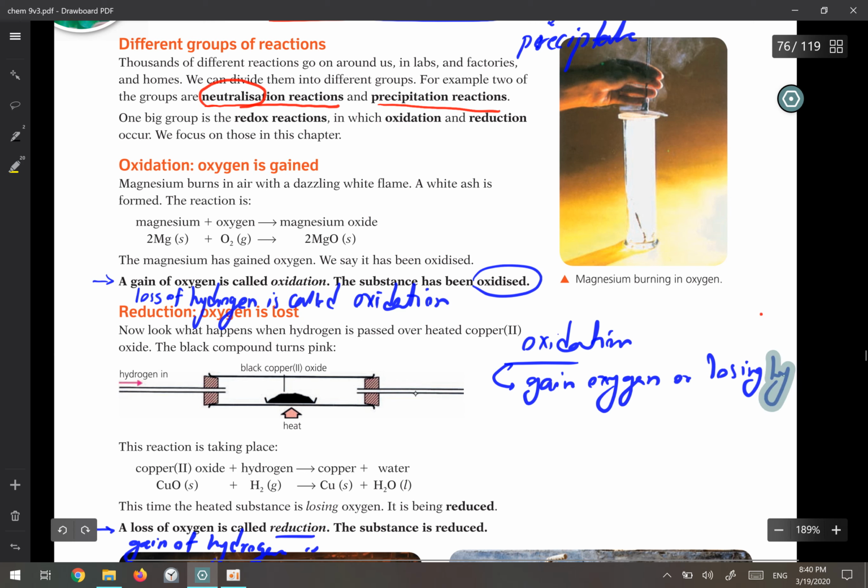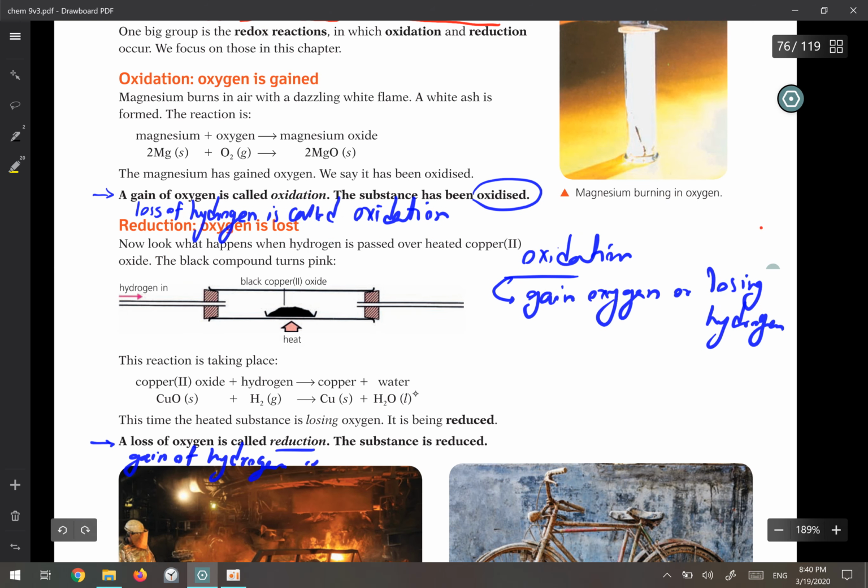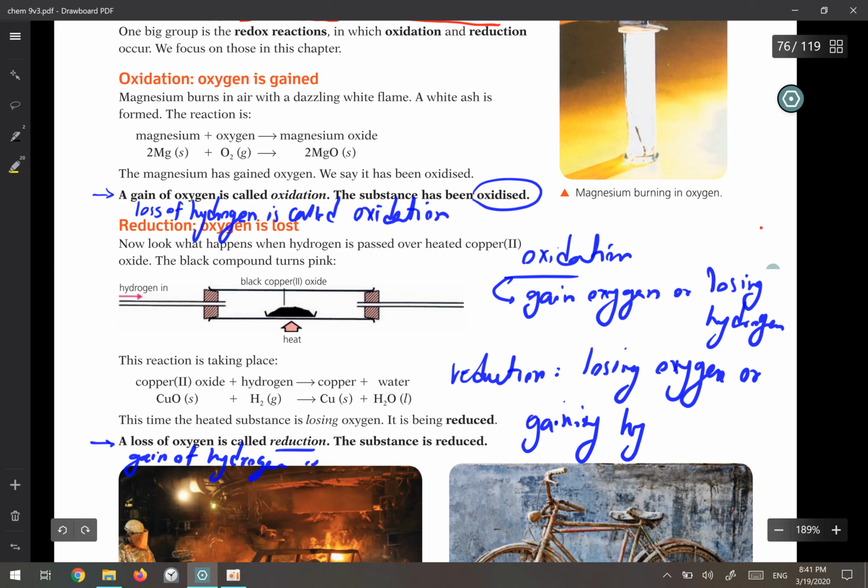Okay, so I want to write it here, losing hydrogen. And the reduction is losing oxygen or gaining hydrogen.